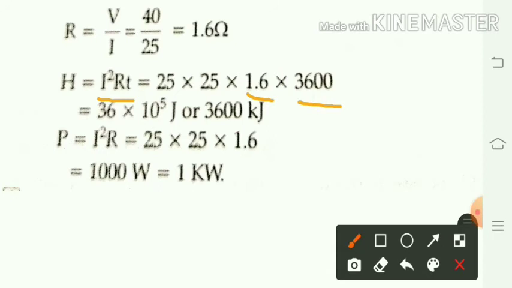By the multiplication we get the value as 36 into 10 raised to 4 joule. Now we will calculate the power. Power value can be calculated by the formula I square R, as we know the I value as well as resistance. So I square R, 2.5 into 2.5 into 16, it becomes equal to 100 watt.